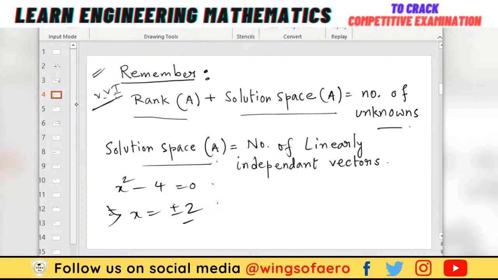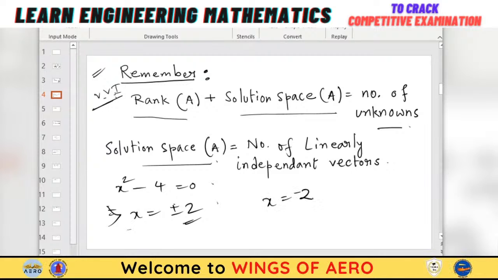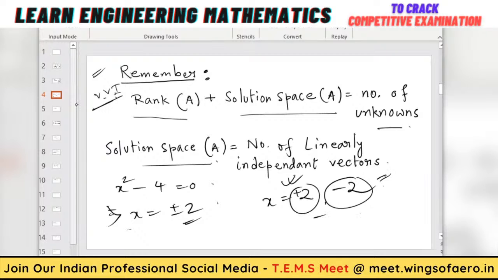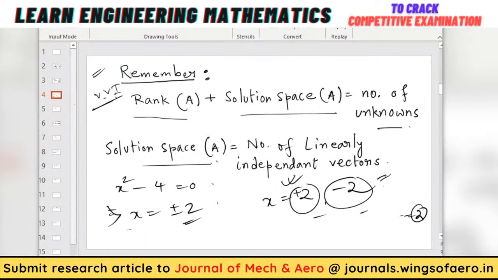So how many solutions does this x have? This x has plus 2 and minus 2. Plus 2 is one solution, minus 2 is another solution. So two solutions are there. So we can say that the solution space is equal to 2, that is the number of solutions.